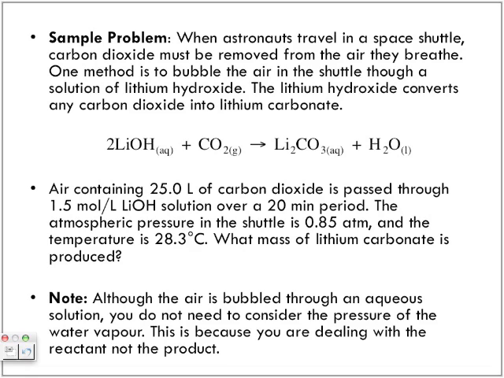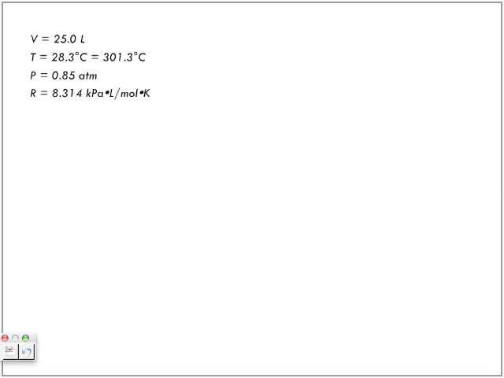So let's isolate our givens. So here are our givens. We've got 25.0 liters, 28.3 degrees Celsius, which is equivalent to, actually not 101.3 degrees Celsius, but actually 301.3 Kelvin. Gotta fix that.